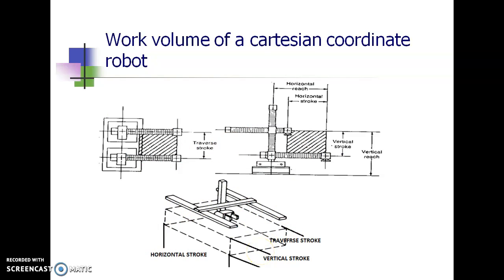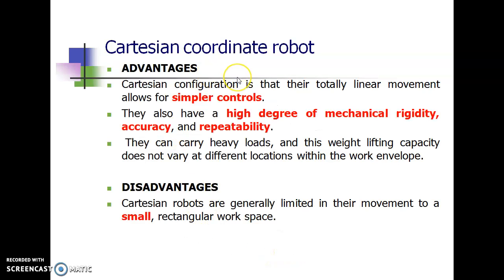Right. The next one is, what are the advantages of Cartesian coordinate robots? The Cartesian coordinate robots have the following advantages. First, because the movement is totally linear, the control is very simple. Because all the movements are linear, they have a high degree of mechanical rigidity.